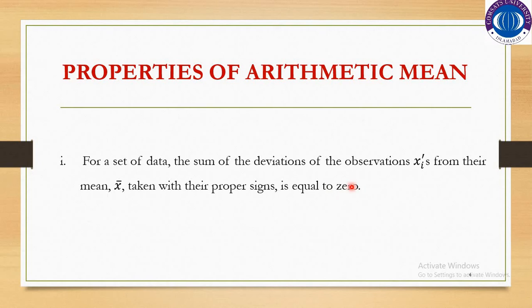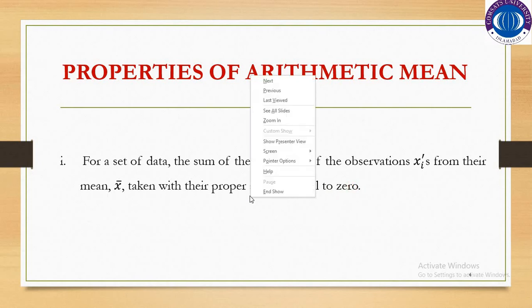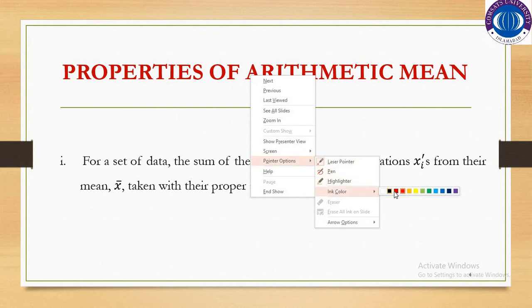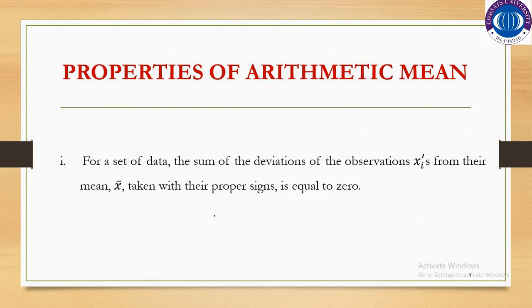So if there are some observations xi's and they have mean x bar, and the sum of the deviations of the observations from their mean.